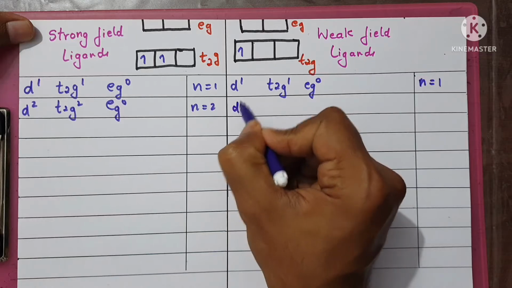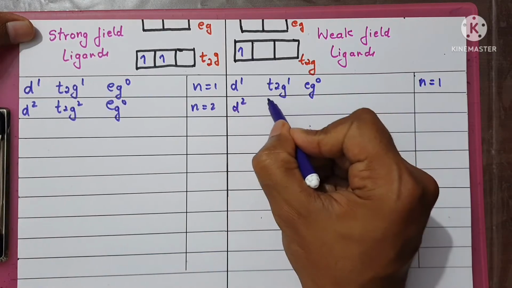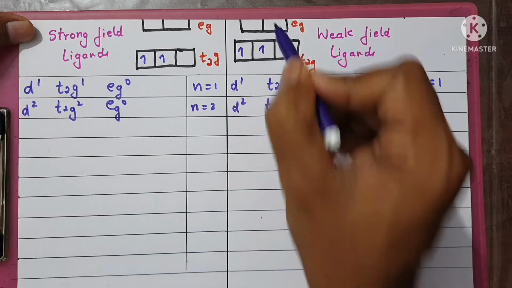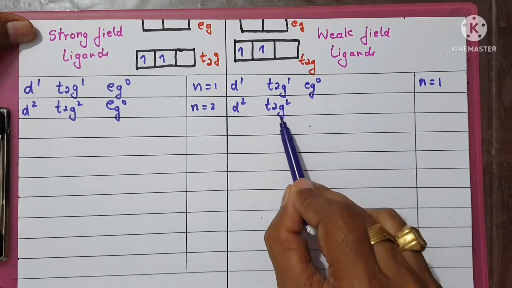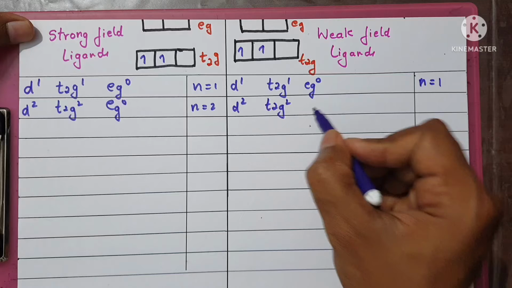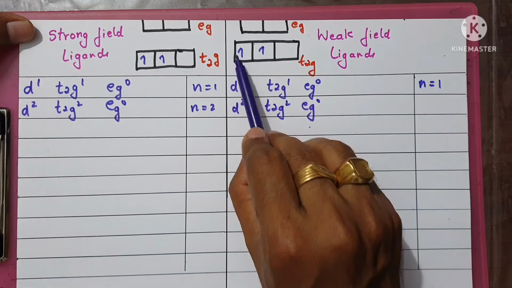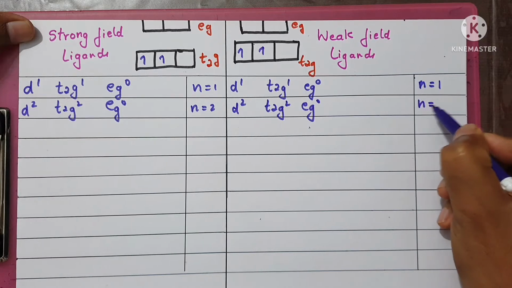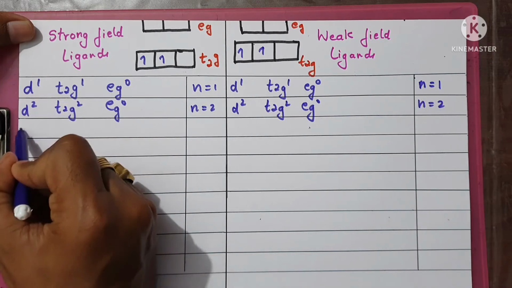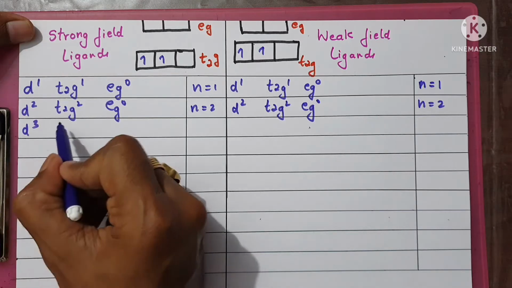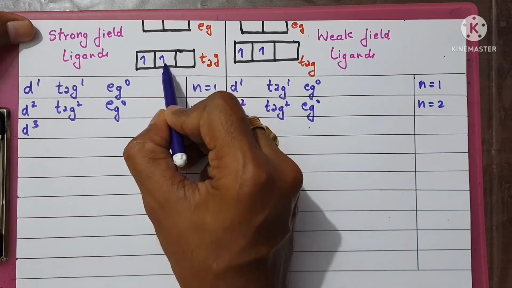When I take again d2, 1 electron here. Therefore, t2g2. In t2g, how many electrons? 1, 2. Therefore, t2g2. The number of electrons in eg is 0. Therefore, the number of unpaired electrons is 2. Therefore, n is equal to 2. I'll go for the next one. d3. If it is d3, then I am going to fill 1, 2, 3.